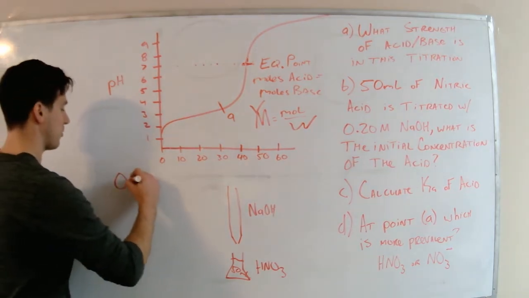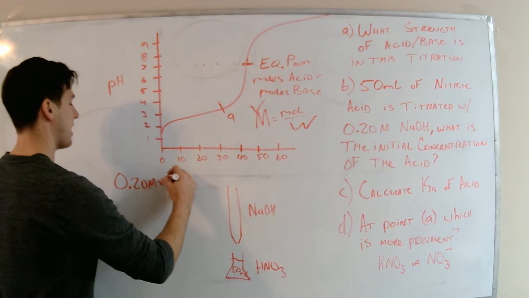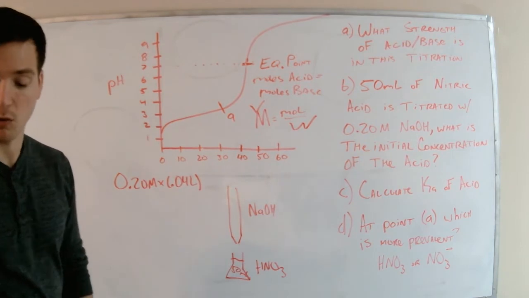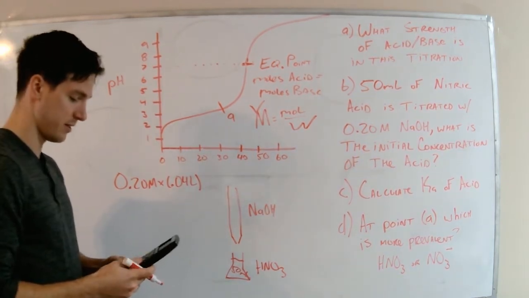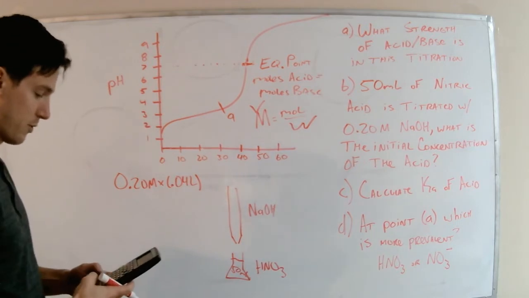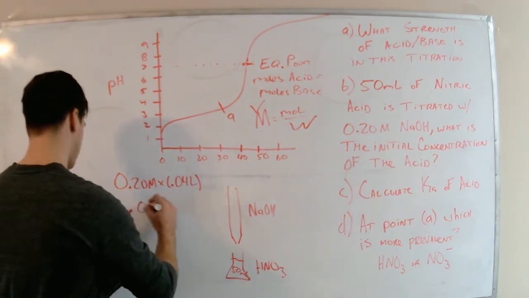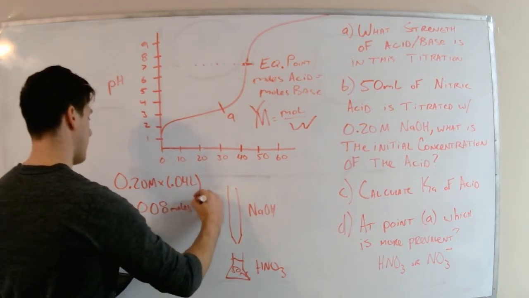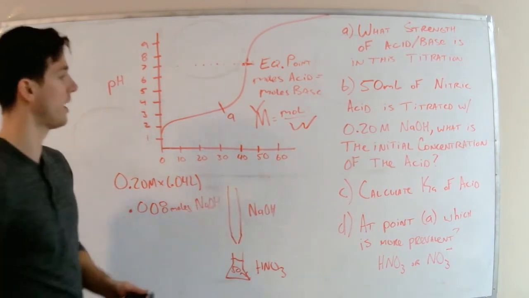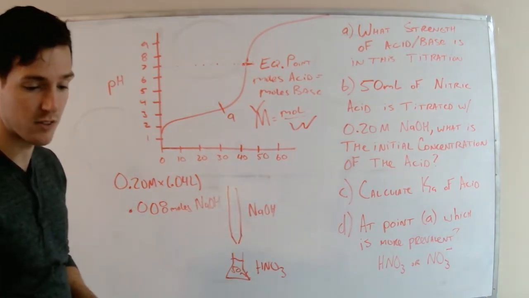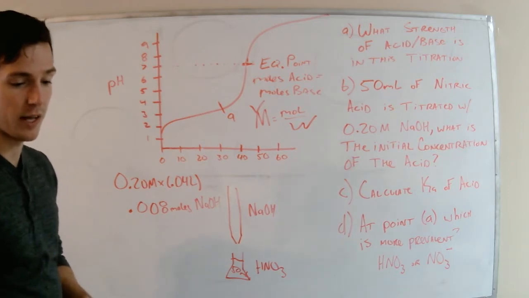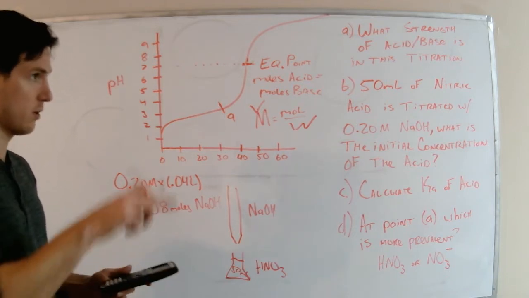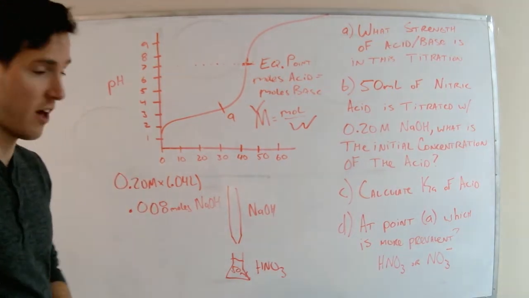So I'm going to take that 0.20 molarity and multiply it by 0.04 liters. 0.2 times 0.04 tells me that I have 0.008 moles of NaOH. Let me make sure that's right. 0.2 times 0.04, yep, we're good. 0.008 moles of base.